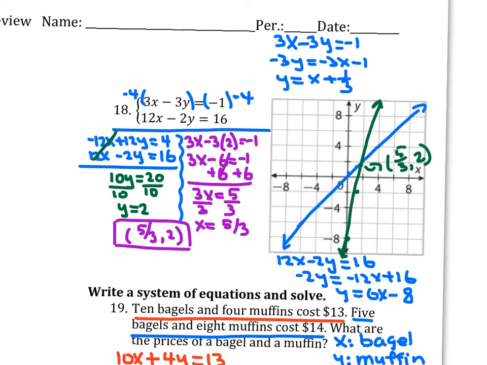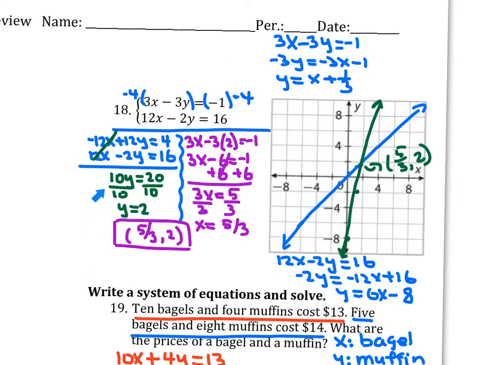You have to be careful with graphs because sometimes they go by 2s, so careful with that. Okay, on number 18, we're going to multiply by -4 in order to make this a 12. A -12, so that it will cancel. So after multiplying all of the equation by -4, you find these two equations and you solve for y equals 2.